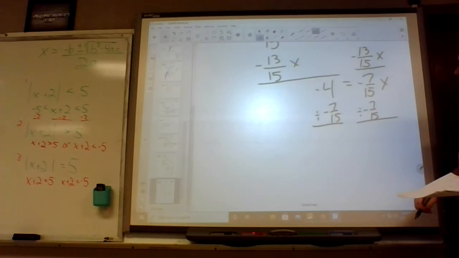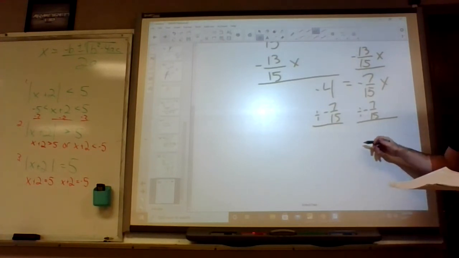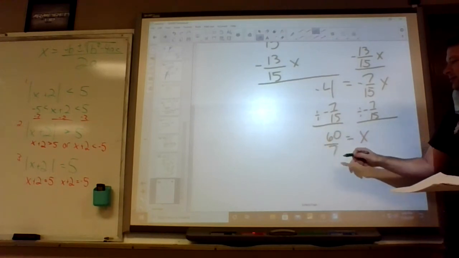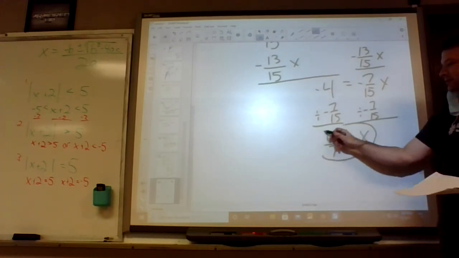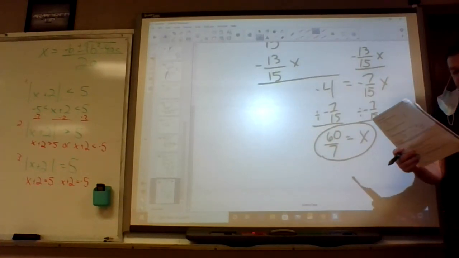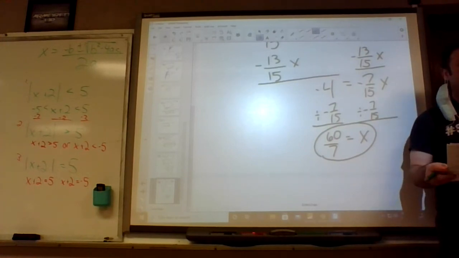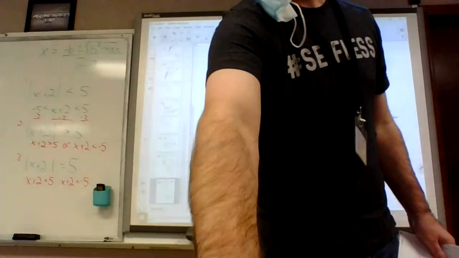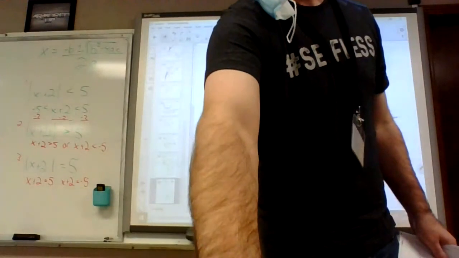See, if I did times 3, that'd be 6 minus 13 is -7. You can use your calculator on that part. What's my last step going to be? Divide what by what? Right. That's right. It's -4 divided by -7/15, whatever that is.